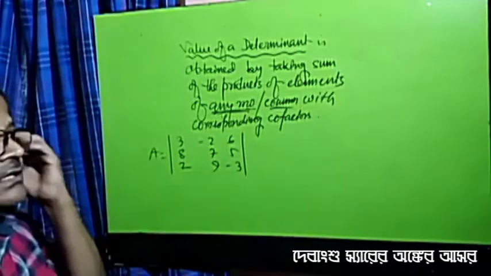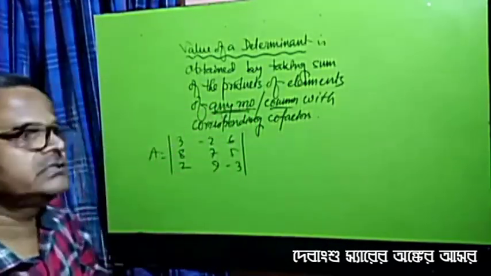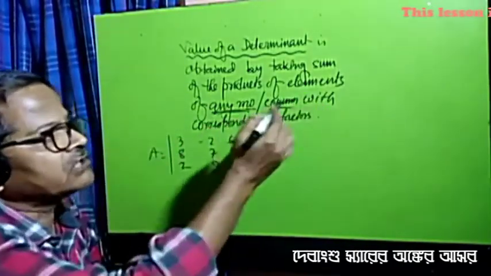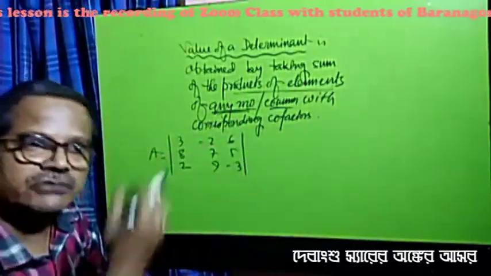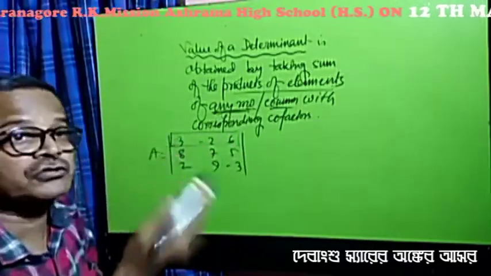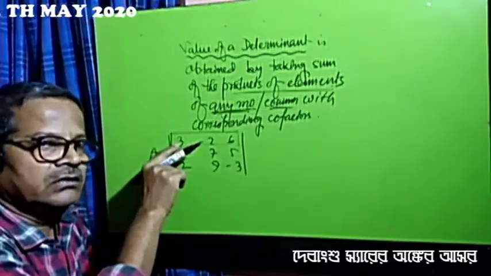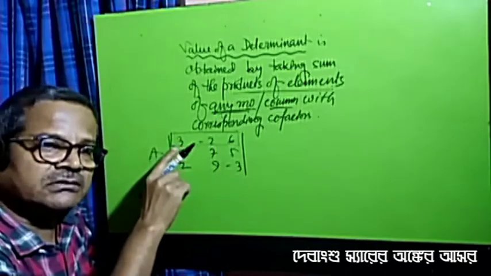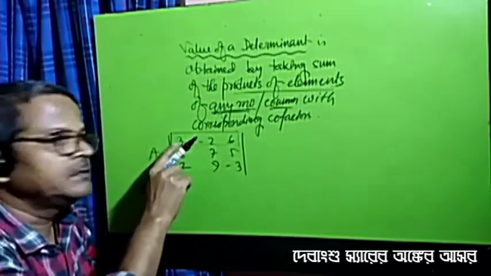Now, say if I want to expand with respect to first row, then what will we have to do? We have to take the product of elements of the first row with corresponding cofactors. That is 3, the A11 element, must be multiplied by its cofactor C11.